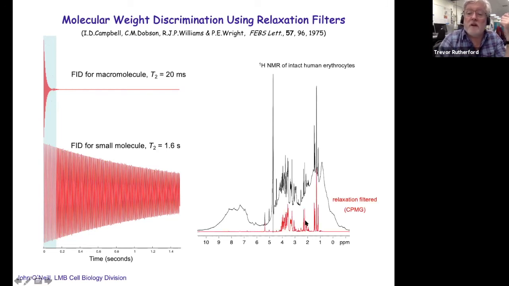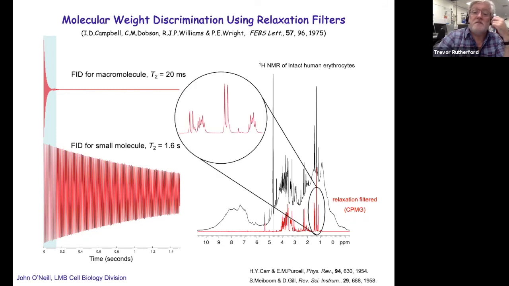And by applying a so-called relaxation filtered experiment, we can get high resolution spectra of the internal contents of the cytoplasm. And we can follow individual biomarkers. There are groups looking at several hundred individual biomarkers at the same time, simultaneously, as part of metabolomics studies.